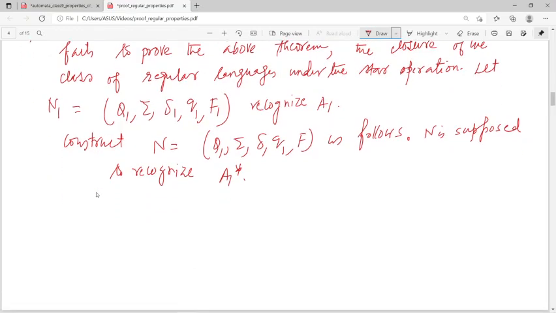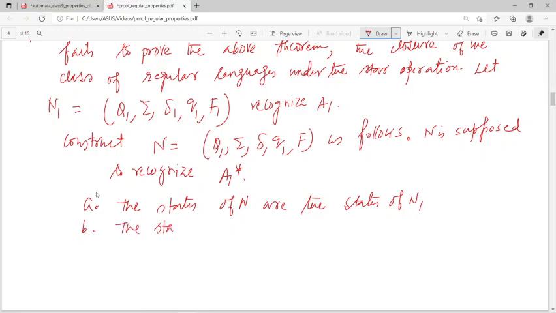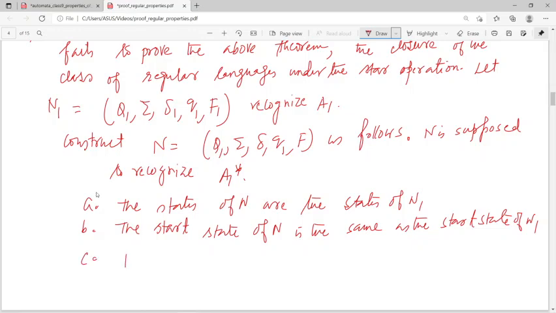So the states of n are the states of n1, the start state of n is the same as the start state of n1. Final state is nothing but q1, that is the initial state of this machine.